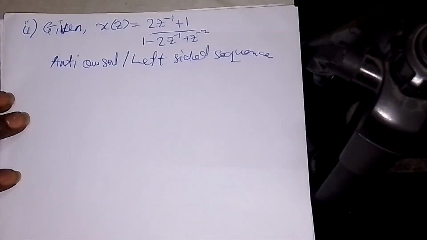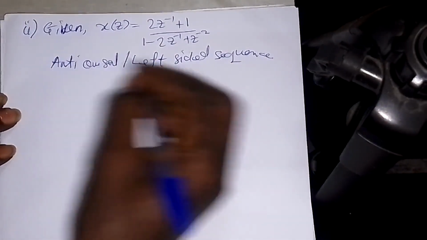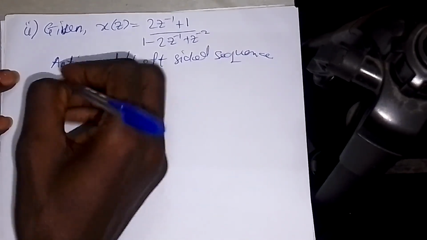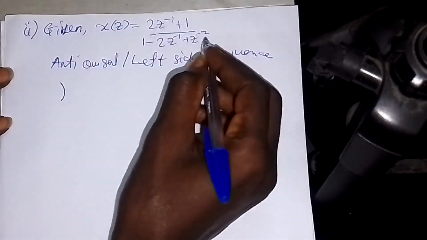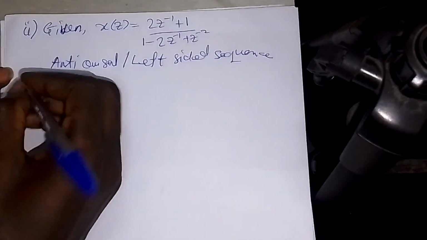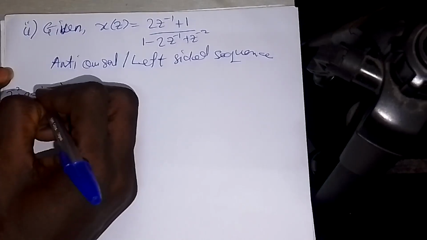So now we must deal with it separately from how we dealt with the causal or right-sided sequence. With this anticausal approach, we're going to change the order. So here z inverse will come here, plus 2z inverse will come here.